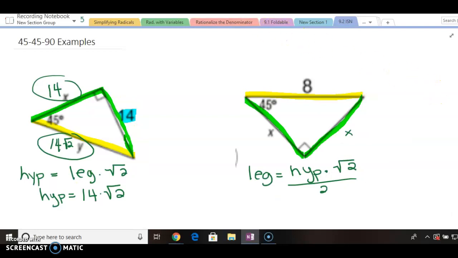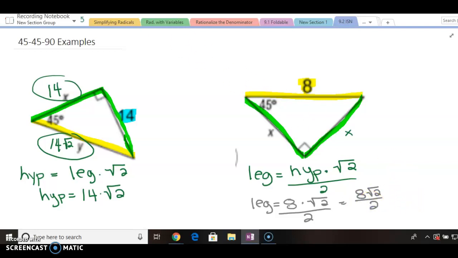Okay, but guys, I know my hypotenuse. My hypotenuse is 8, so I can plug that in. So I can say my leg equals 8 times square root of 2 divided by 2, or just 8 square root of 2 over 2.